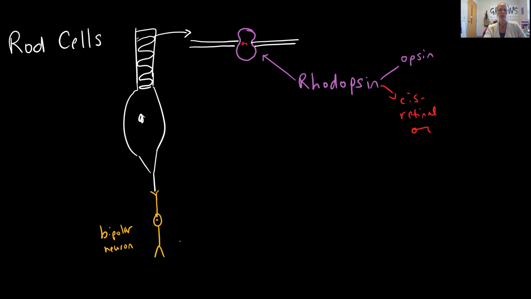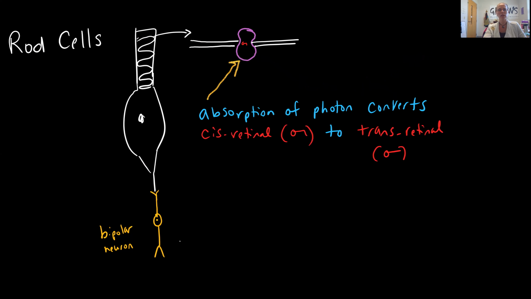So when we talk about a rod cell or a photoreceptor actually being stimulated by a photon, what we see happening is that the wavelengths of light, the photons, are absorbed by the rhodopsin, and during that absorption, it's going to convert your cis-retinol to what's called a trans-retinol. So it's going from a bent shape to a straight shape, okay?